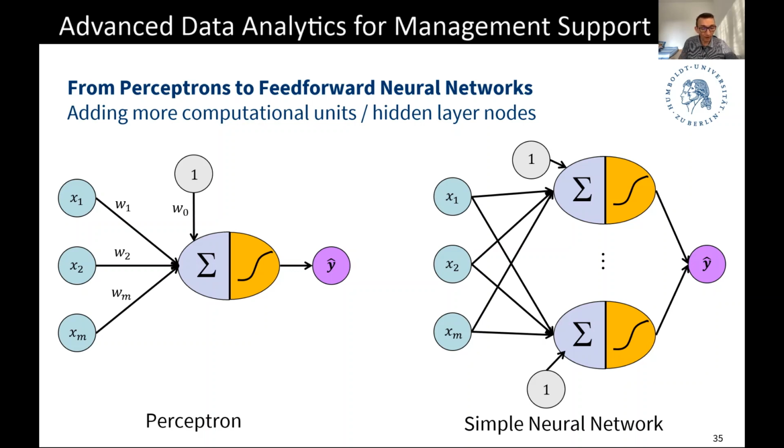And we can have many of these units in the hidden layer, making our network bigger and bigger and bigger and bigger. But not only that, as I was already indicating, we can also chain together these layers.